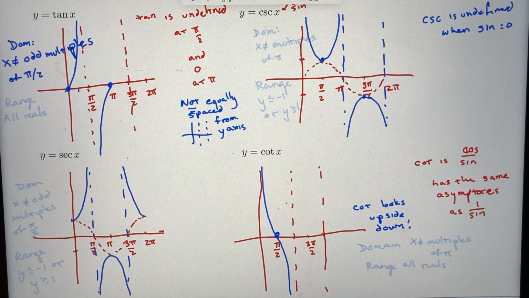I'll add multiples of pi over 2. These two, domain x not equal to multiples of pi.